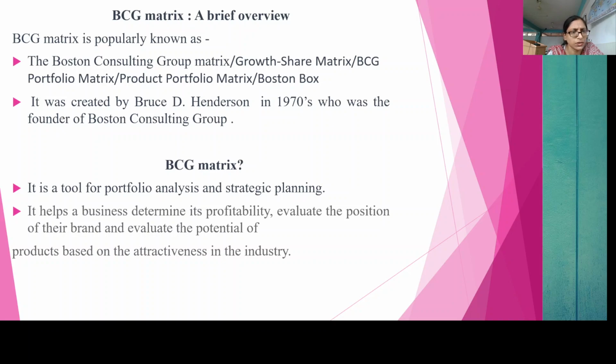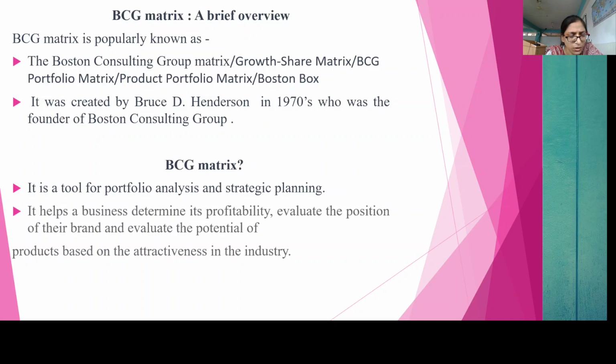The BCG matrix is popularly known as the Boston Consulting Group Matrix, Growth Share Matrix, BCG Portfolio Matrix, Product Portfolio Matrix, Boston Box. It was created by Bruce D. Henderson in the 1970s, who was also the founder of Boston Consulting Group.